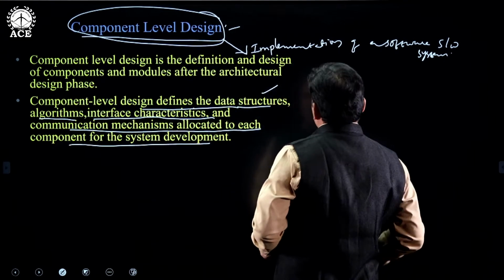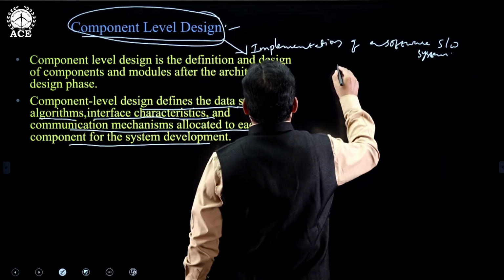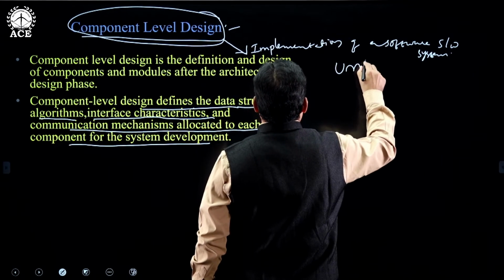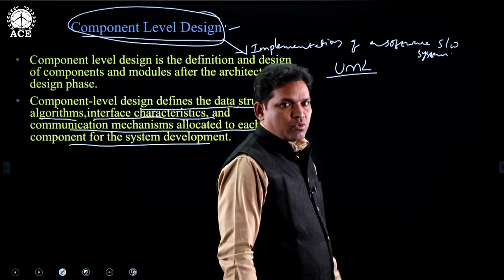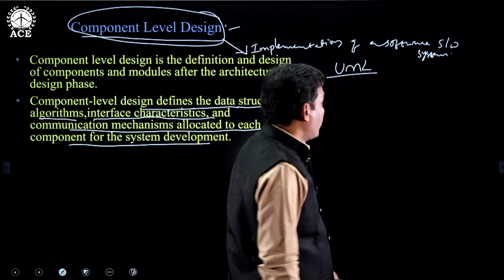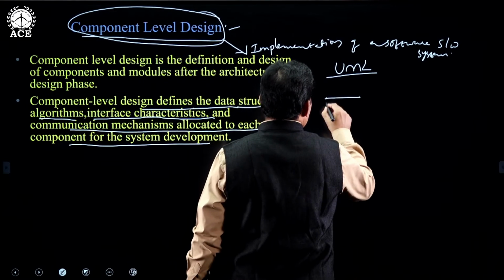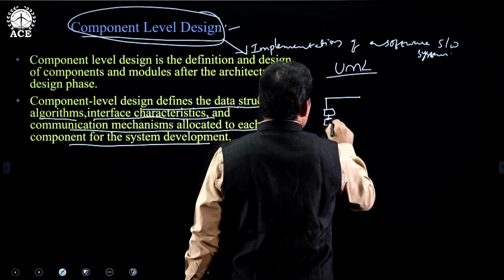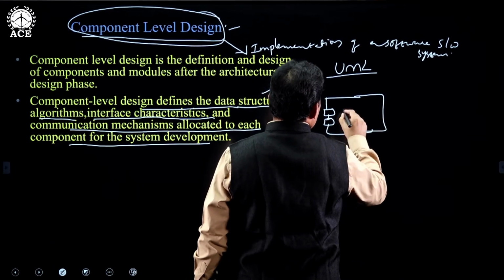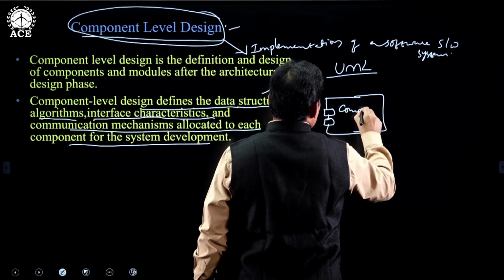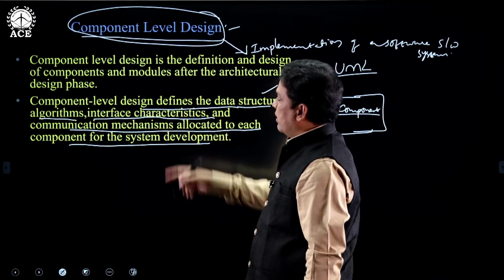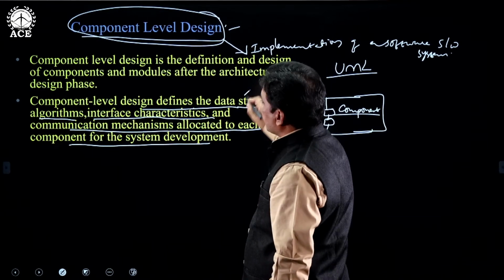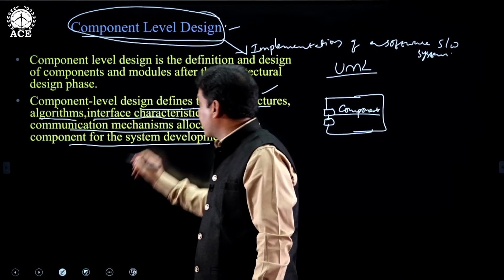We already mentioned the graphical representation of a component in UML, the Unified Modeling Language. Component level design defines data structures, algorithms, and interface characteristics.